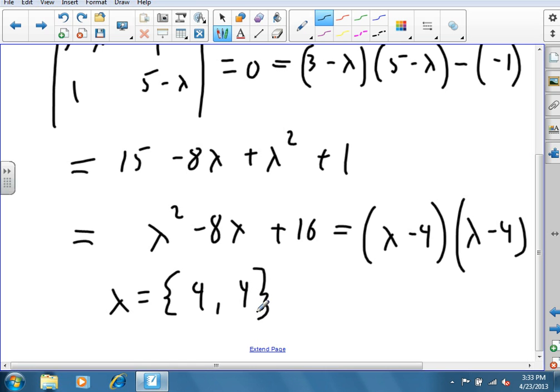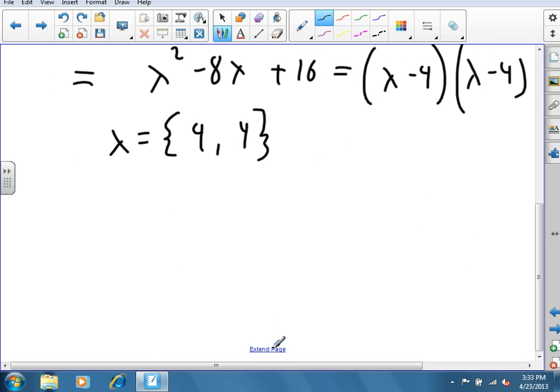Okay, so first thing I want to do is find A minus lambda I. Lambda is 4.